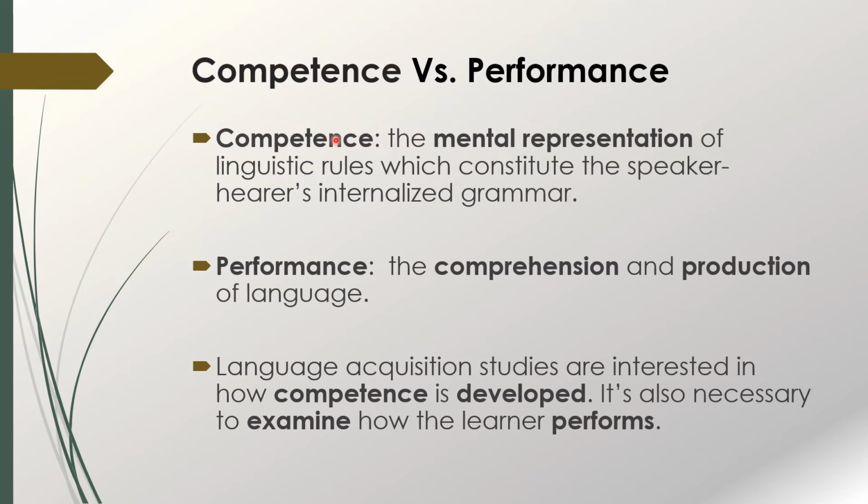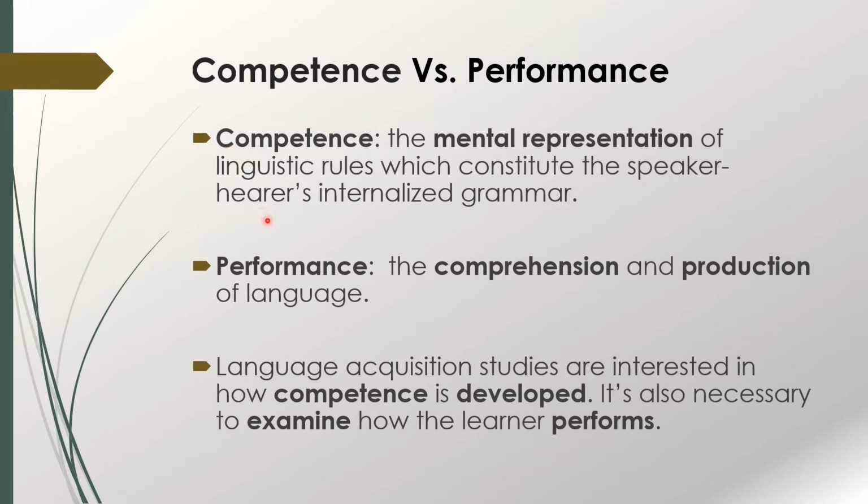So competence is the mental representation of linguistic rules which constitute the speaker-hearer's internalized grammar. If I take it into language learning, then if I know the rules and the structures of a language, that will be considered my competence in that language. If I internalize the grammar, it will be referred to as my competence.